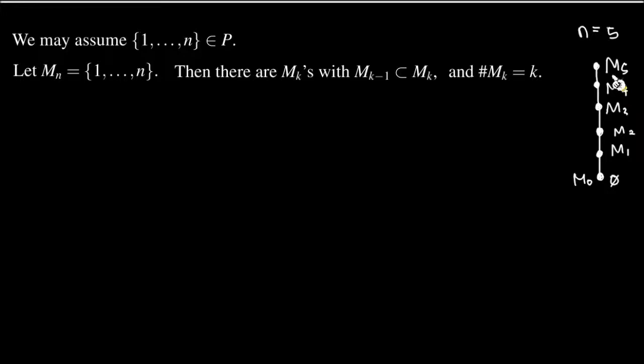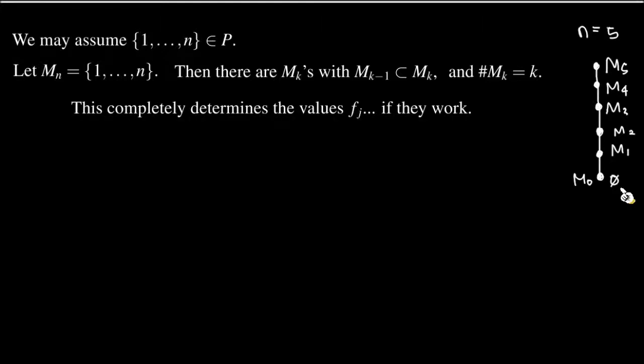It is something we have, given size n, but it's not unique, and our construction depends on our choice of this chain. So I try to be very sensitive in my answers to my dependence on my choice of this chain. And I'd like to claim that once you have this chain, it's going to completely determine the values we're looking for, the fj's, if they work.